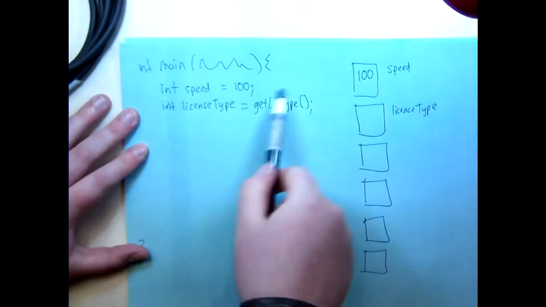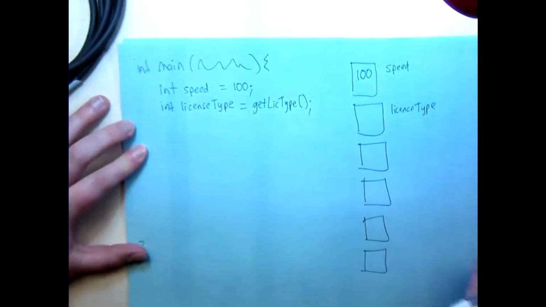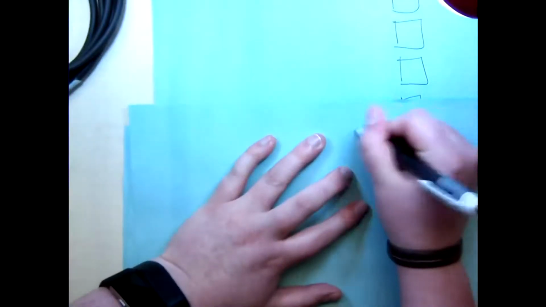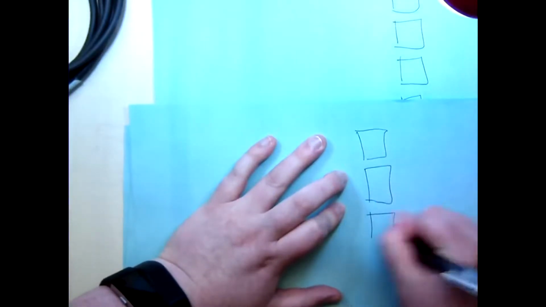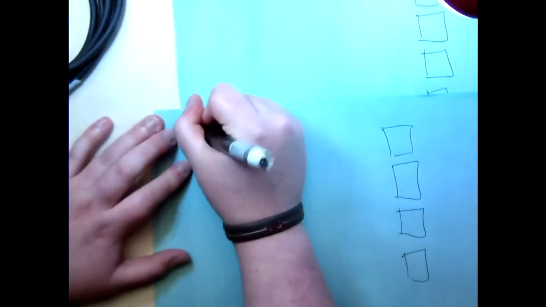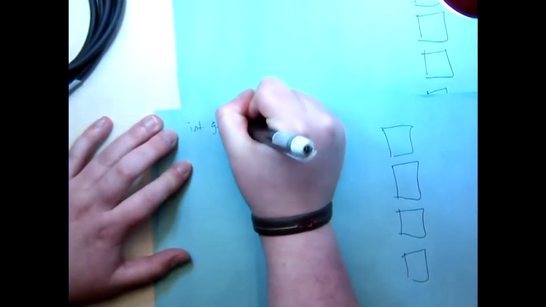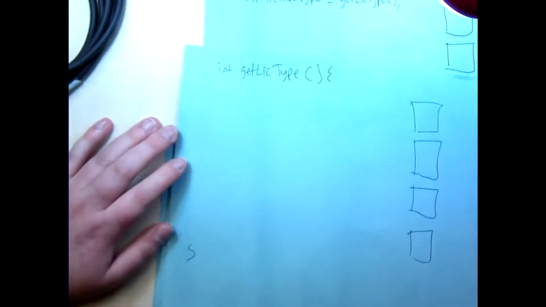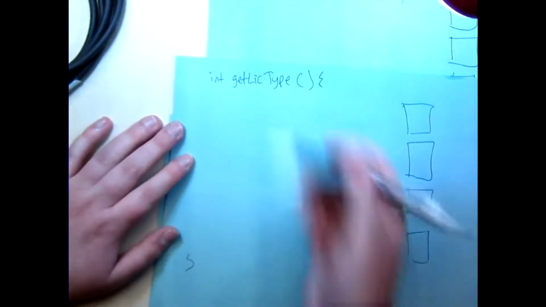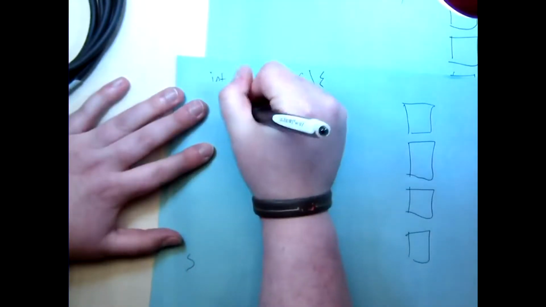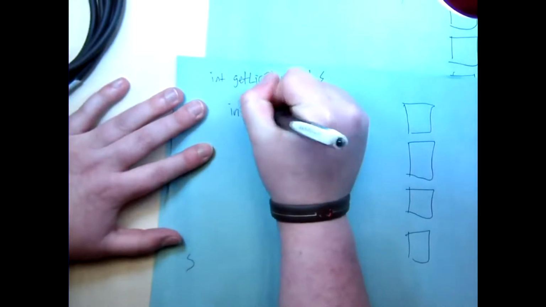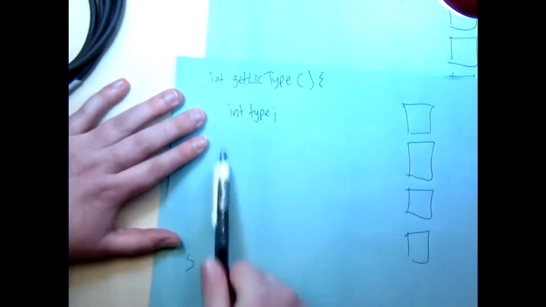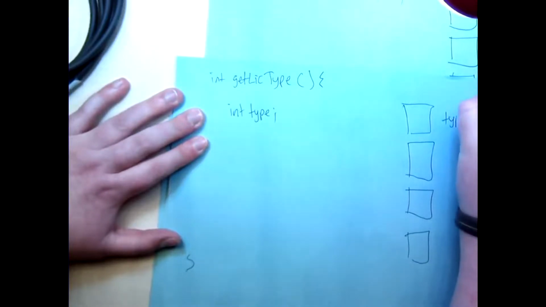Then it's going to go after this function, the get license type function, somewhere else. And let's put it on a new piece of paper. So over here I've got my get license type function, and so this might say a variable called type, which is going to store the license type.